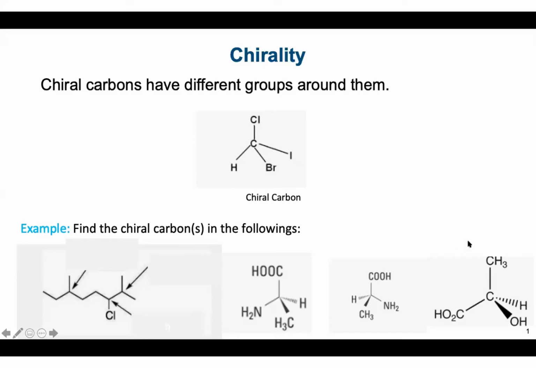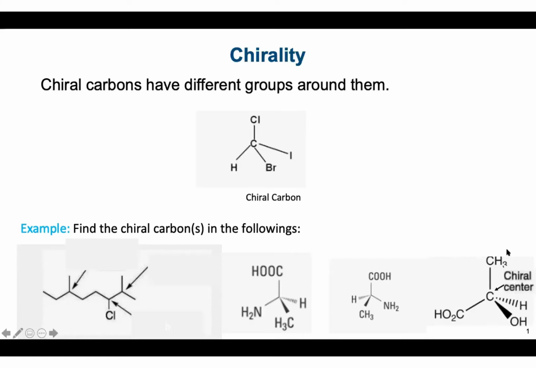Let's see. We have one CH3 connected to it, CO2H connected to it, hydrogen connected to it, and OH connected to it. So there are different groups connected with this carbon. This carbon is called the chiral carbon or stereocenter.